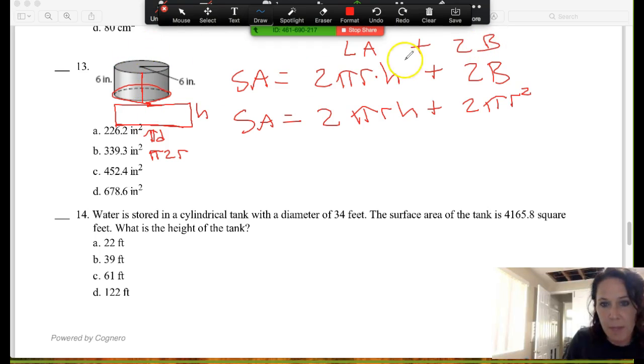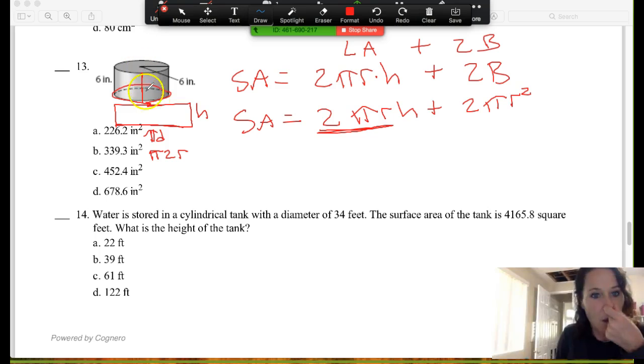The top and the bottom. To get the lateral area for a cylinder, slice it open, you need the circumference, which is 2 pi r, or pi times diameter, times the height. 2 pi r times the height. So that's where the lateral area of the cylinder comes from.